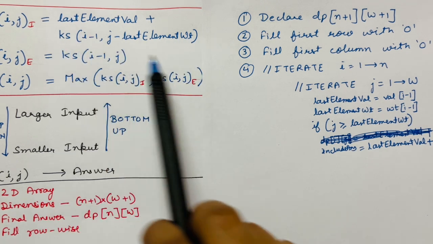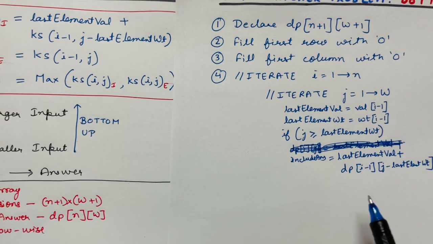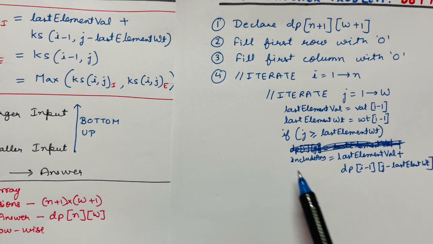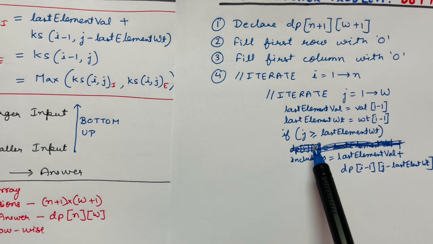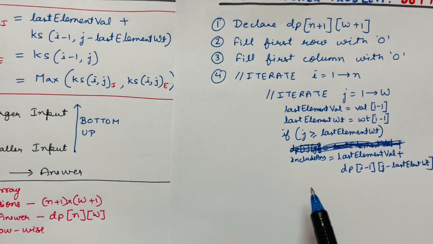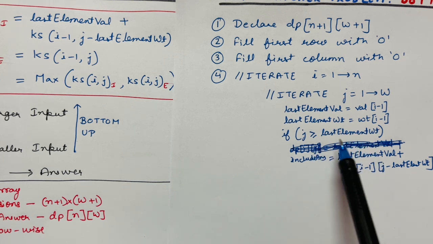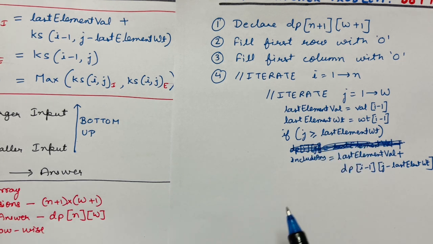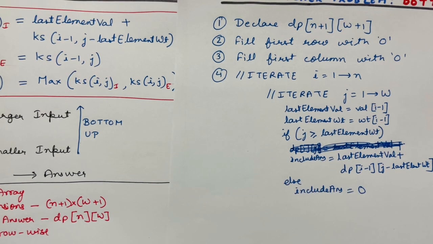How can we get this value? It will be present in our matrix at this i and j. So here we get our include answer. But this is the include answer if this condition is satisfied. If this condition is not satisfied, meaning the weight of the last element is greater than our capacity, then it doesn't make sense to include the last element. Therefore, in that case, we make include answer equal to 0.